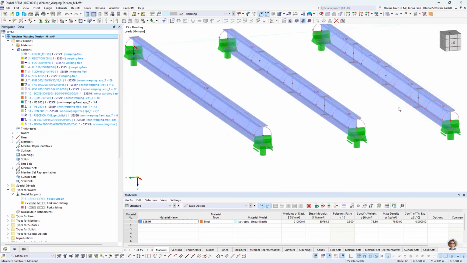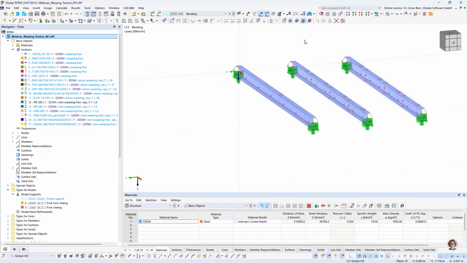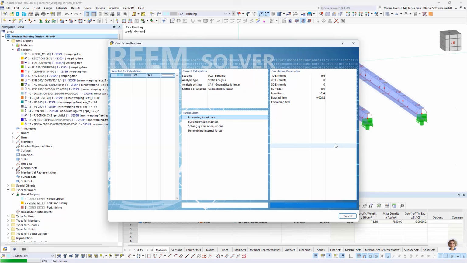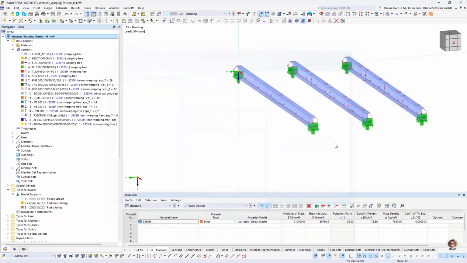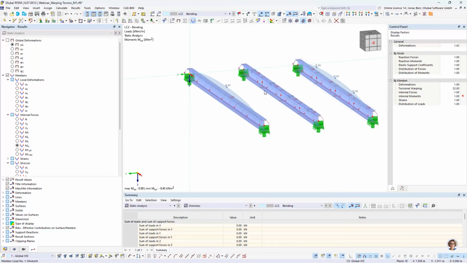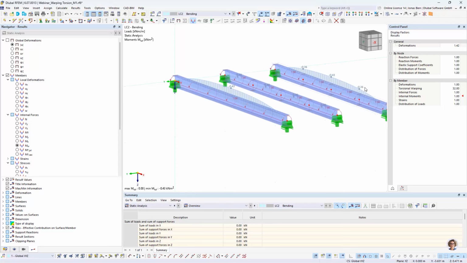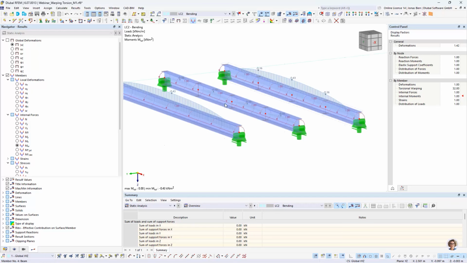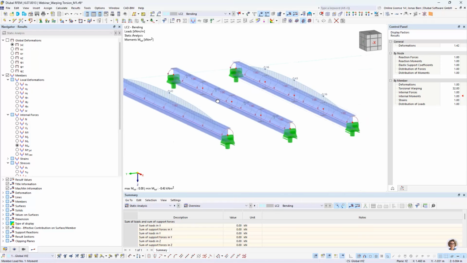If we do so, we see that this is indicated by these dashed lines, and we run the simulation again. This third configuration should give us the same results as the first one. And we can see that at the intermediate nodes, we still have some warping moment that is transferred from one member to the other, and we get the same results.